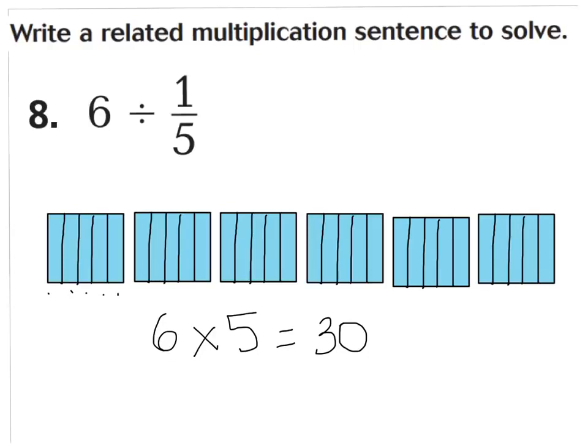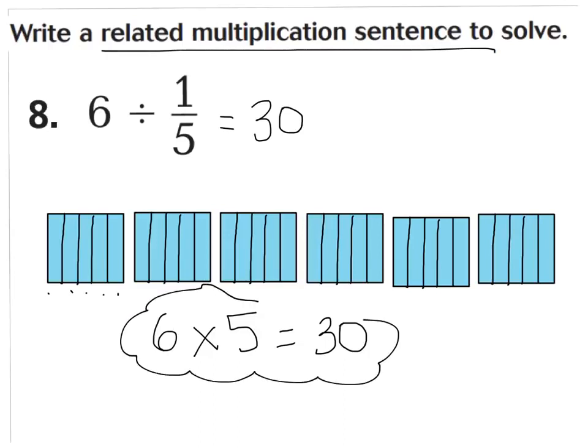So 6 divided by 1/5 equals 30, because there's 30 pieces that are 1/5 size. Remember, my related multiplication sentence is going to be 6 wholes times 5 parts in each of my 6 wholes would equal 30 parts. And each of my parts has a value of 1/5.